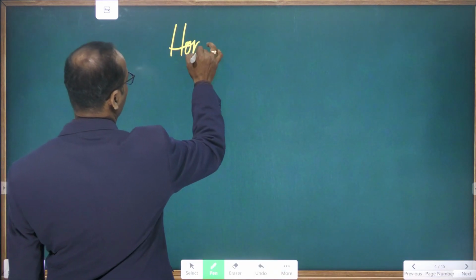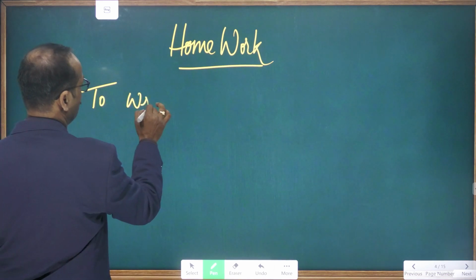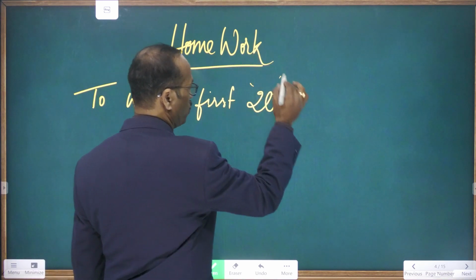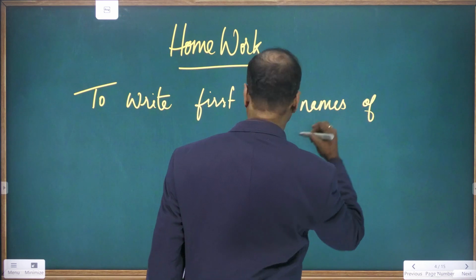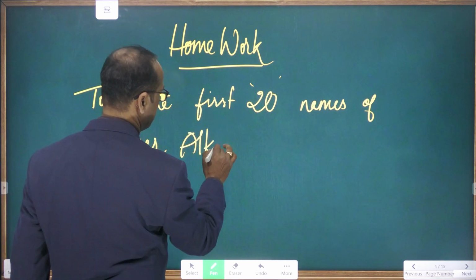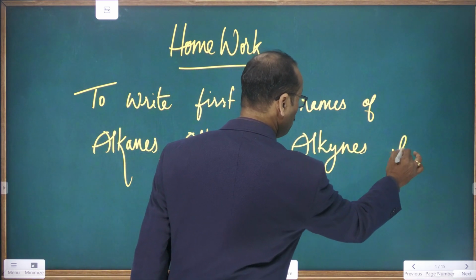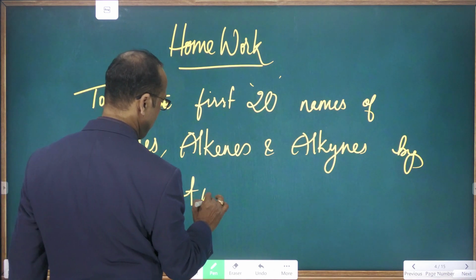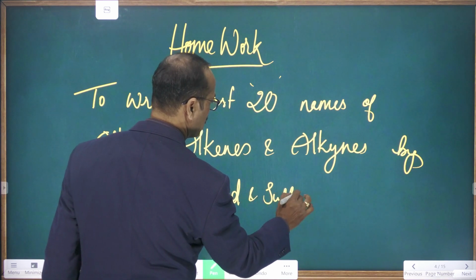Your homework today is to write the names of the first 20 alkanes, alkenes and alkynes by using the root word and the primary suffix, or I'll just say a suffix, because here we'll have only one suffix.